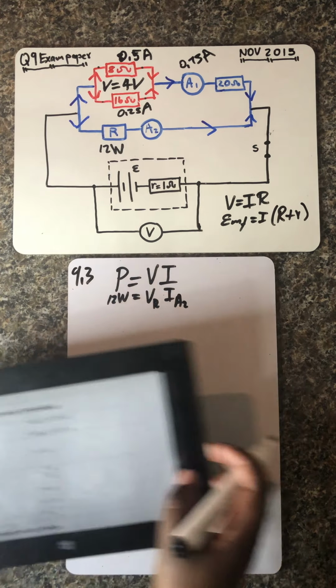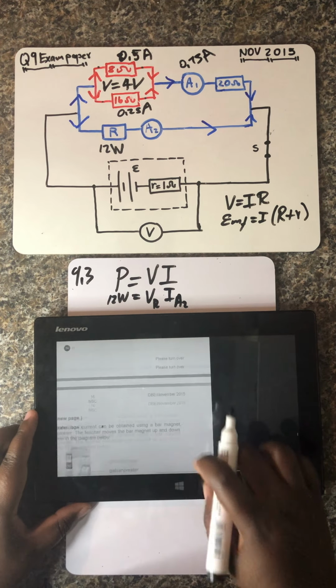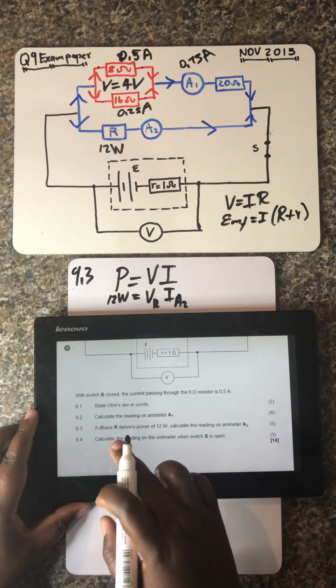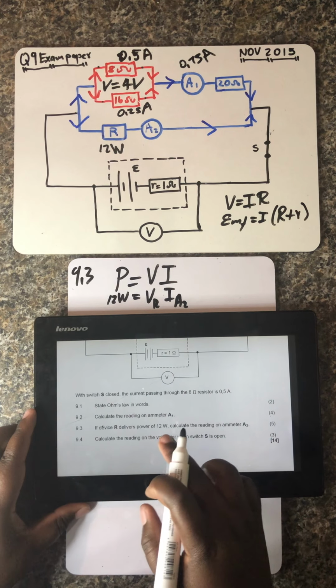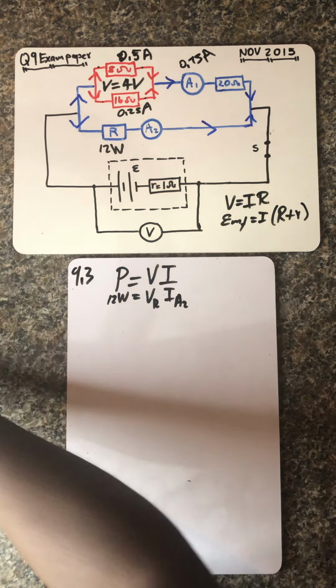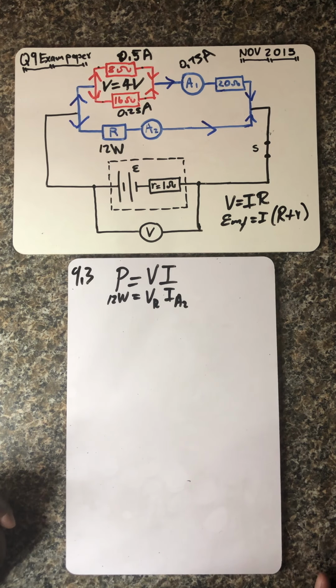I think that's what the question said. Let me just quickly check so that we're 100% sure. There's the question. The question says, if device R delivers power of 12 watts, calculate the reading on ammeter 2. So this question is almost the same as that one, so our approach might also be the same.